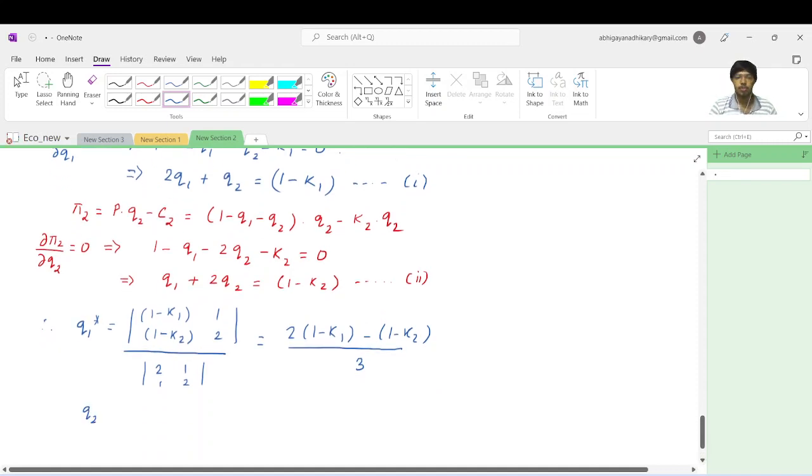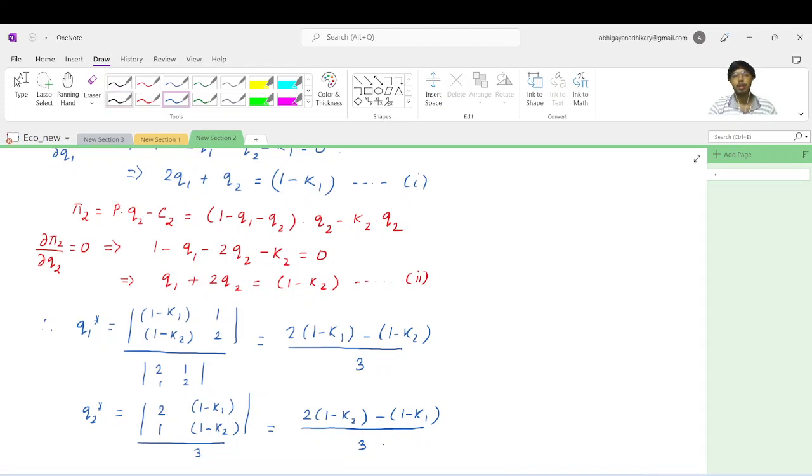And q2 star will be equal to the determinant of 2, 1, 1 minus k1, 1 minus k2, divided by the determinant of 3. So this will become 2 times 1 minus k2 minus 1 minus k1, whole divided by 3.